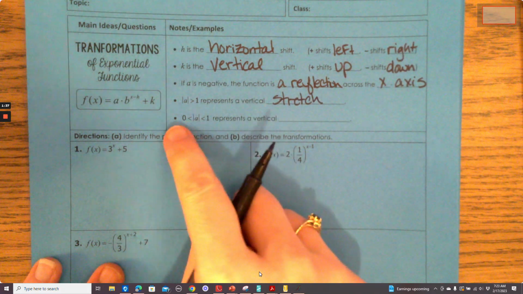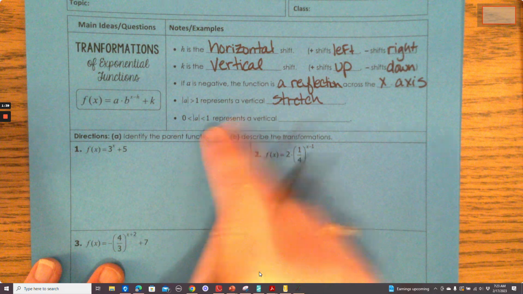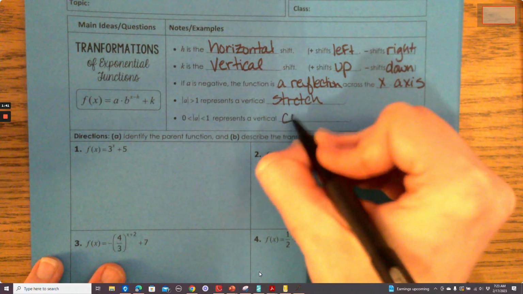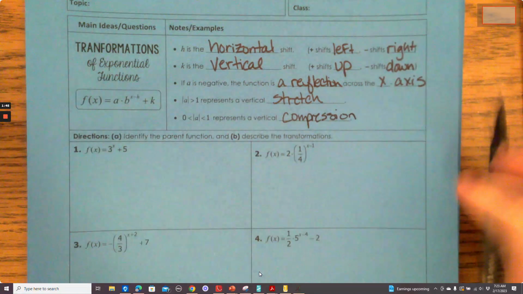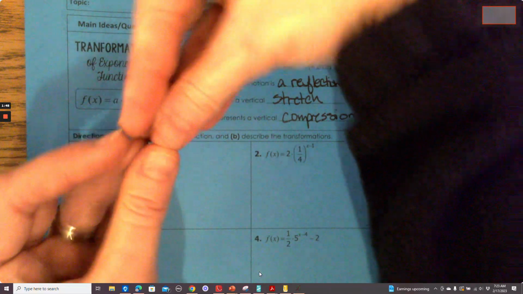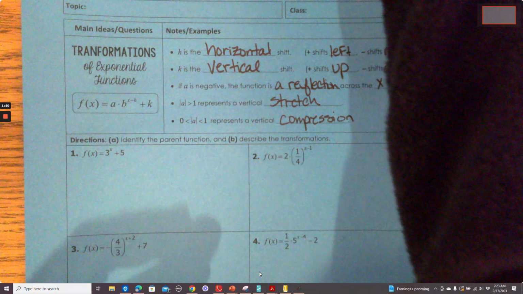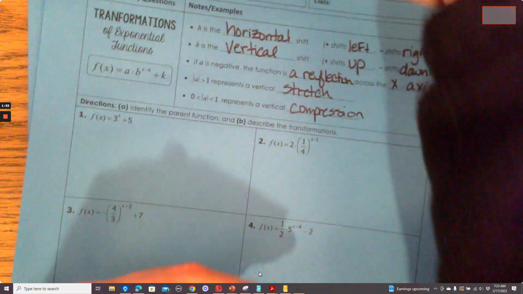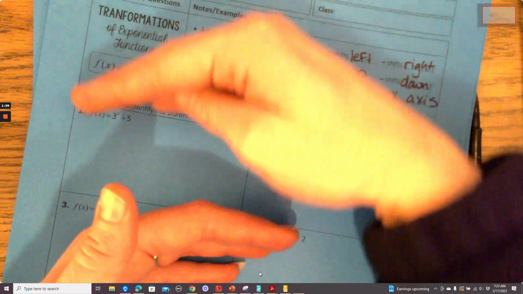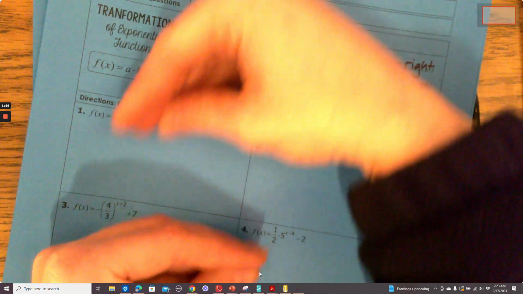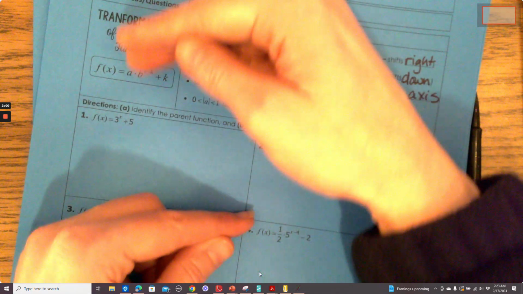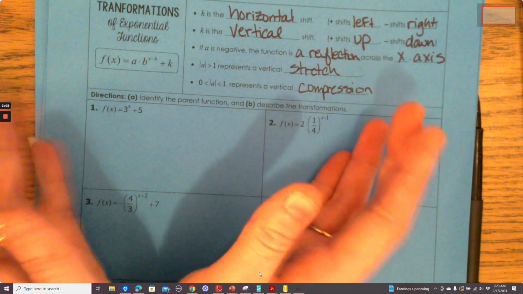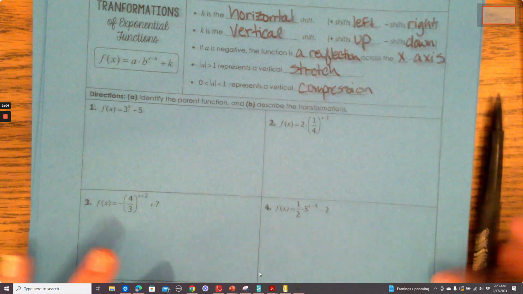If a is in between 0 and 1, this represents a vertical compression. A vertical stretch, think about taking something and stretching it vertically this way. A compression is taking something and pushing it down this way. If you stretch it, it's going to get tall and skinny. If you compress it, it's going to get short and wider. It's going to kind of push out this way.